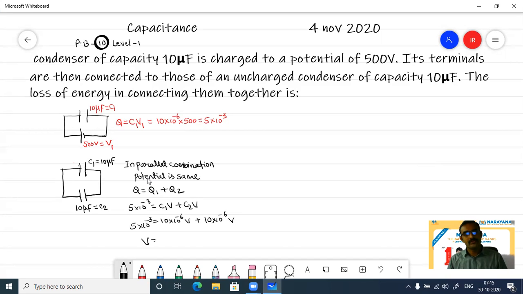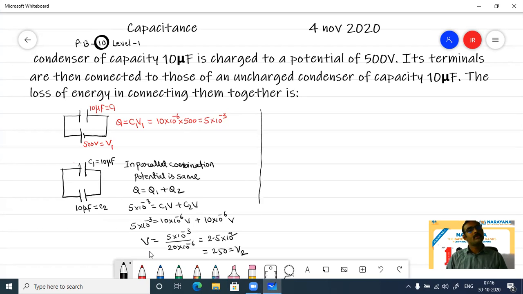Then from this, V is 5 into 10 to the power of minus 3 by 20 into 10 to the power of minus 6. So we get 2.5 into 10 to the power of 2, which means 250 volts. So we take the first as V1 and this I will take as V2.